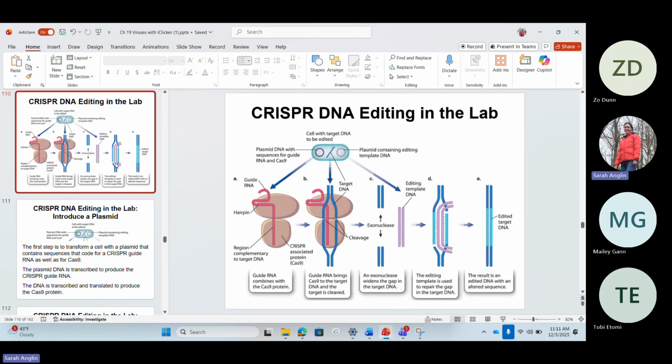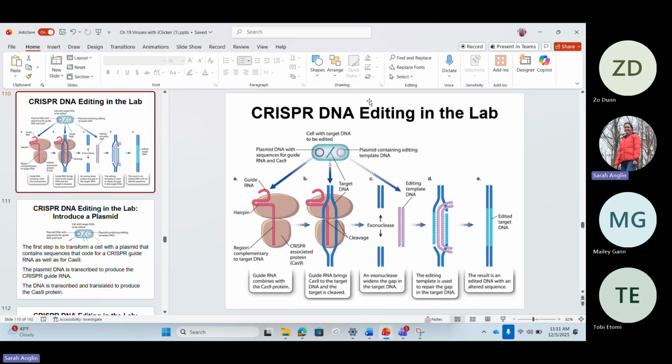And here we go. The reason bacteria have these short sequences is because whenever they are first infected with a virus, they take a snippet of the viral genome, just a little portion of it, and they embed it into their genome. Keep in mind, they don't put the whole viral genome into their genome. That would cause a lot of damage, right?